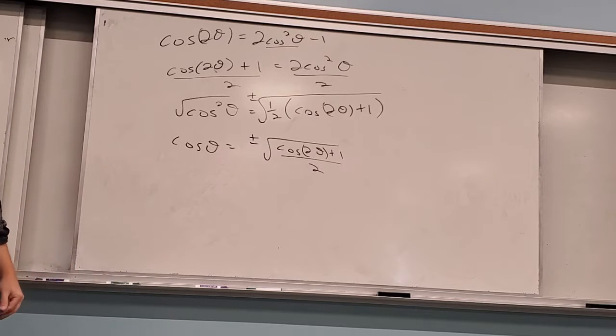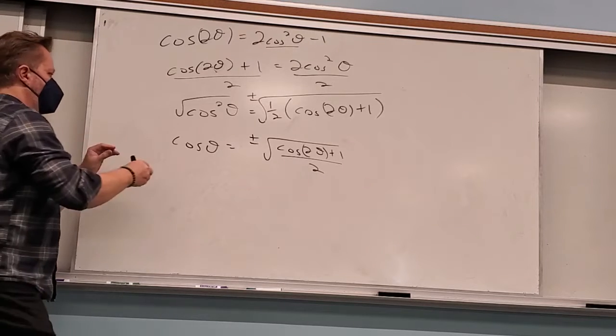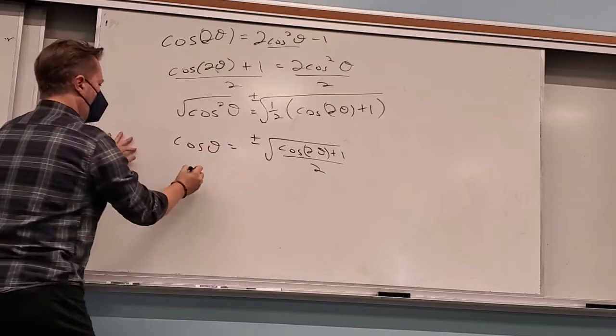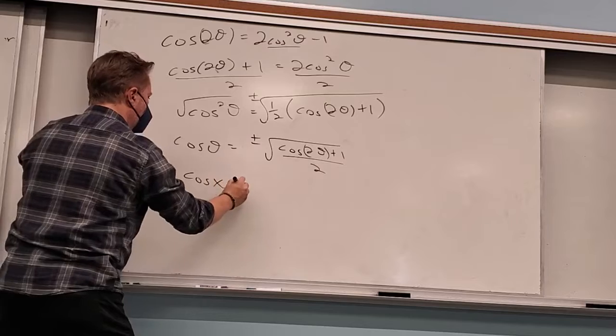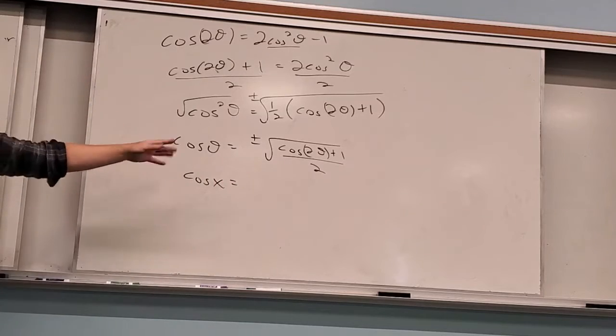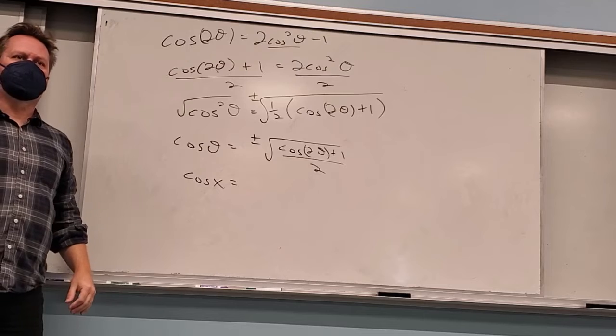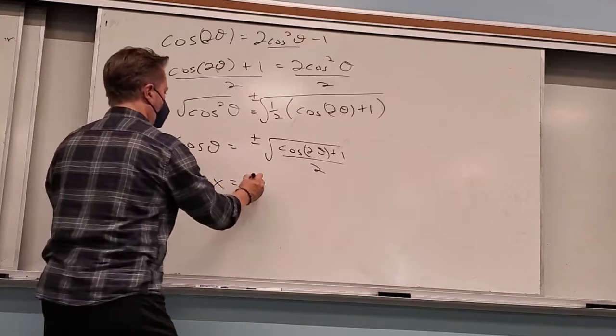Now, there's one thing I want to change here, and let's see if you guys are cool with this. Real quick, here's the equation. This is true. What is cosine of x then? Using that, what would it be? Nothing major, right? Plus or minus square root.